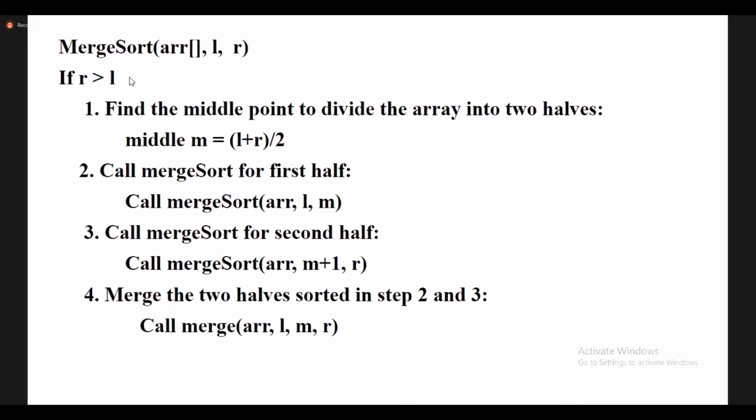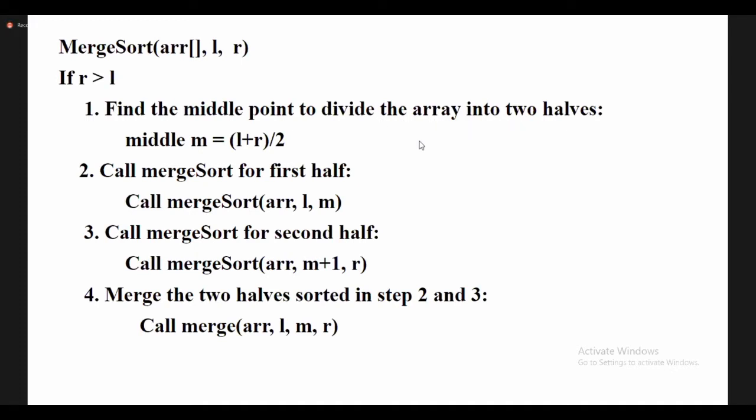Okay. This process continues while R is greater than L, or L is less than R, either one. In this case, it repeats the process. What is the first step in merge sort? Find the middle point to divide the array into 2 parts or 2 halves.